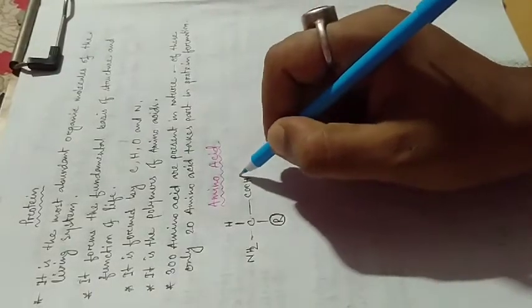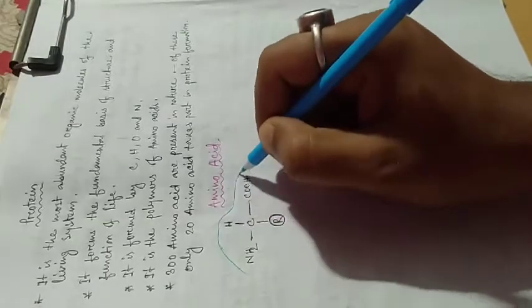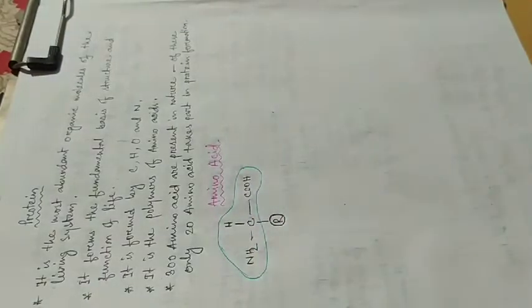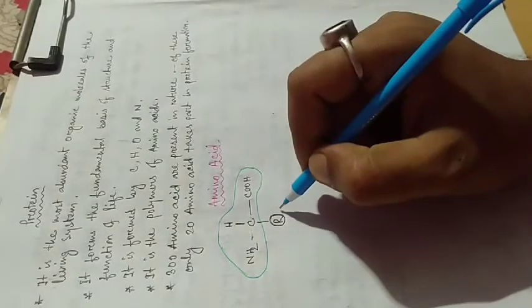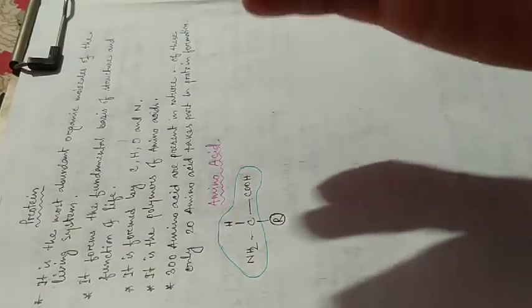So this part of amino acid is common in all amino acid. Different amino acid have the different R side chain.